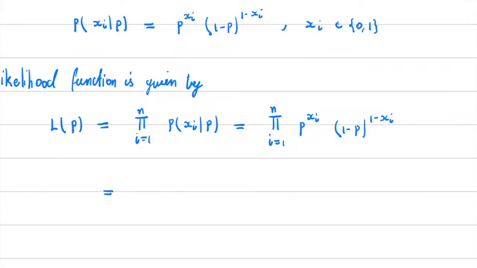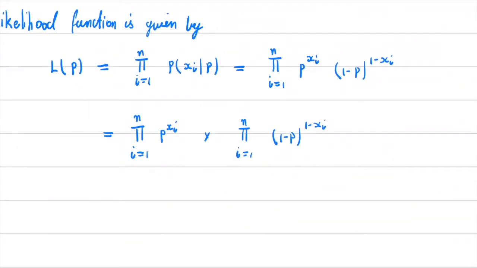Then what we're going to do here is split this up a little bit. So I'm going to say that is the product of p to the xi times the product from i equals 1 to n of the second half. Now, this just allows us to look at this a little bit easier. Here we've got the product of powers, so p to a different set of powers.